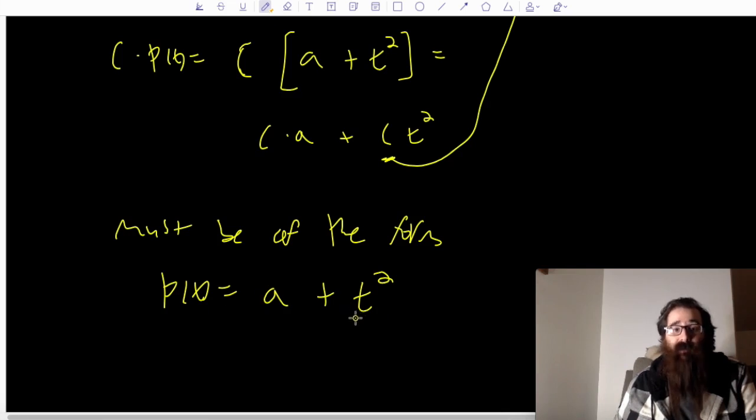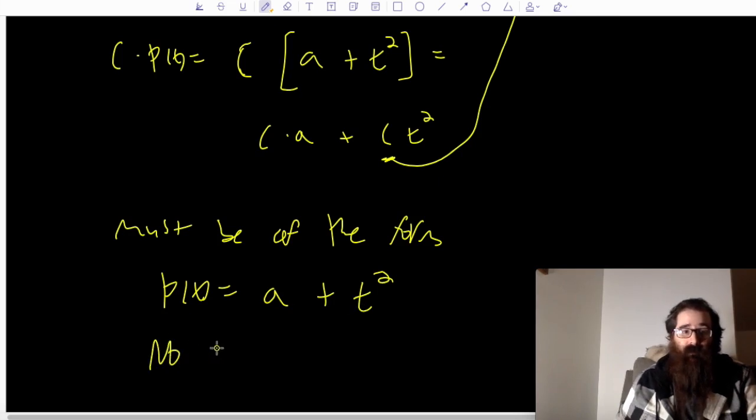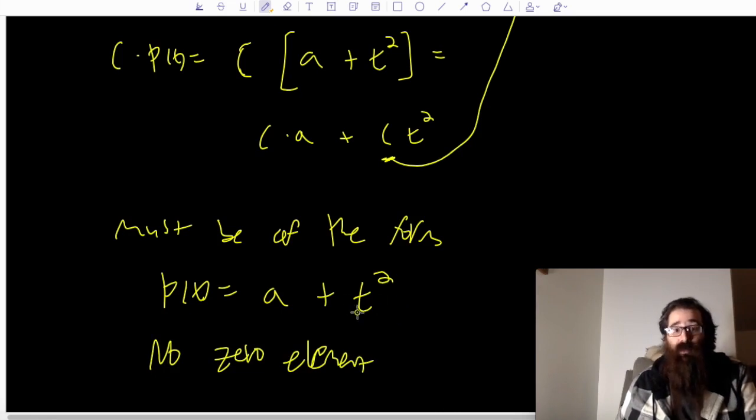But what I don't have control over is the t squared term. I don't have any coefficient on it. There's no real number in front of this, so there's no way for me to actually zero this out. So I'm not able to achieve the 0 element. So I'll say no 0 element.